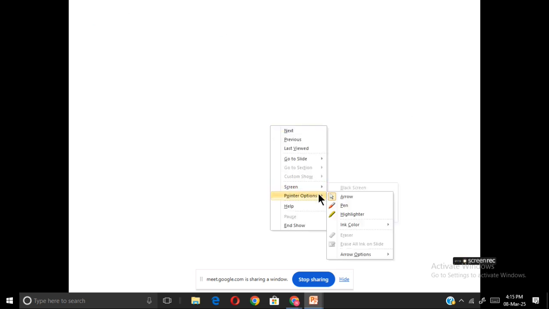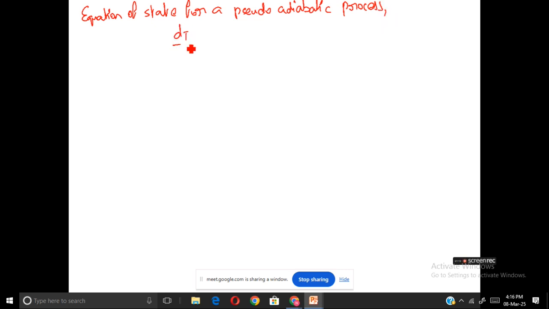So we will start from here, from the equation of state, because our purpose is to derive the equation for the saturated adiabatic lapse rate. We start from the equation of state for a pseudo adiabatic process, given by dT by T is equal to chi into dp by p minus Lv des by Cp T. This term comes because the parcel is moisture saturated.